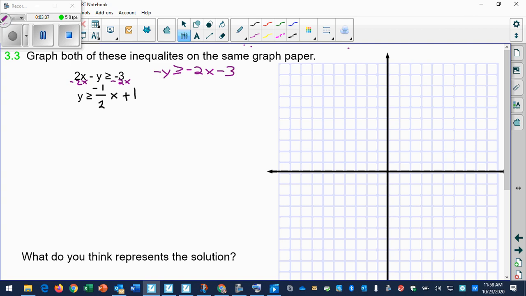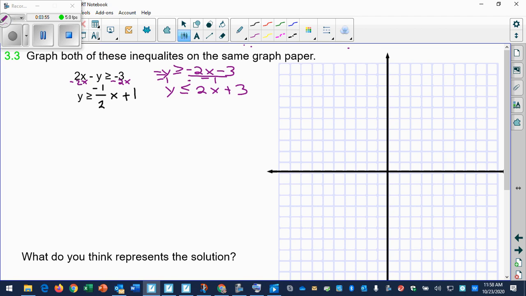JJ, am I finished, or do I need to do one more step? What do I need to do? Divide by negative 1, and when you divide by a negative, you must do what with the inequality? Reverse it. And then this is going to become 2x.